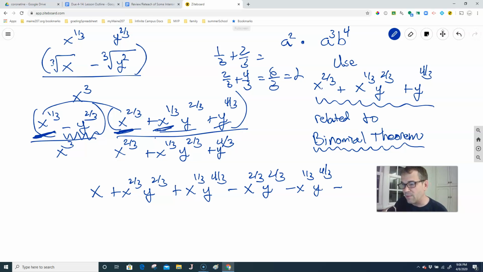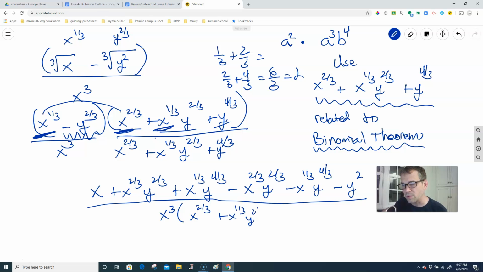So I have a negative y squared. And all of that craziness is going to be over x cubed multiplied by, I'm just copying this down, x to the 2/3, x to the 1/3, y to the 2/3, plus y to the 4/3.